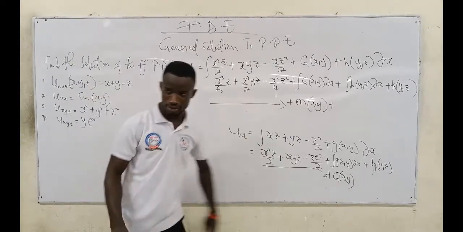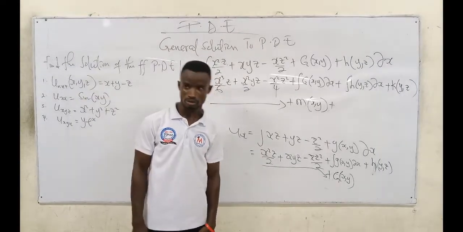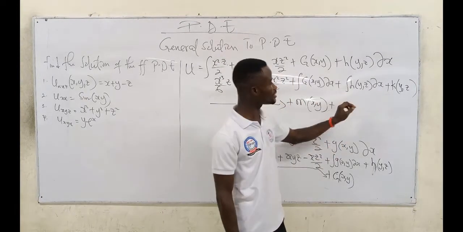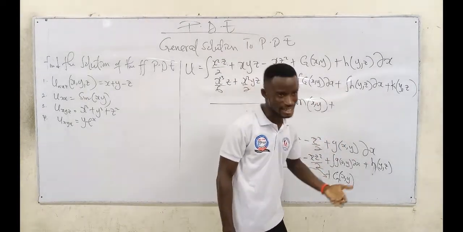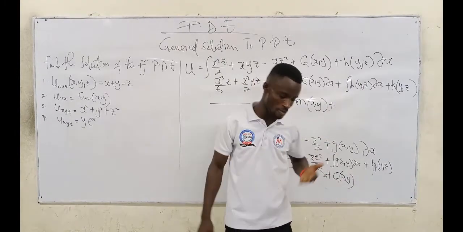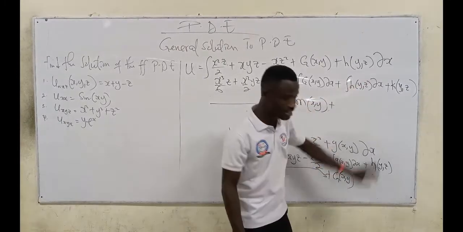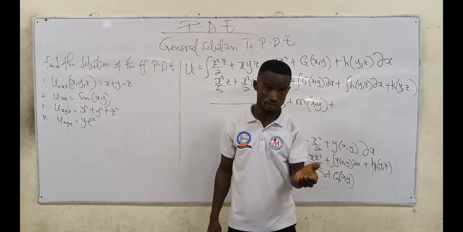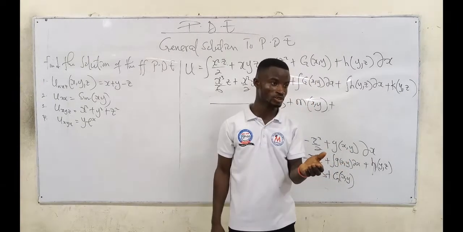You see that one as a constant. So since you are integrating with respect to x, and this function is not in terms of x, we see the whole of this as a constant. Therefore, you attach the x to it.